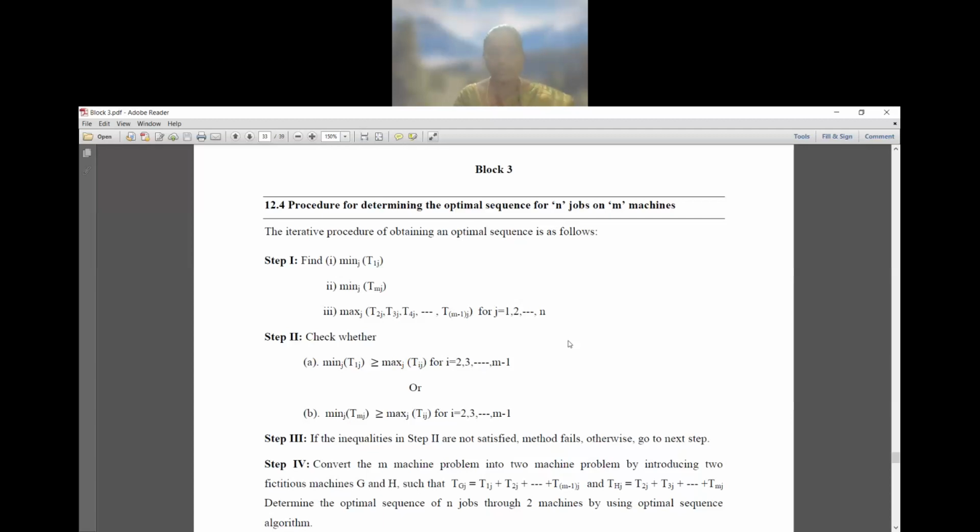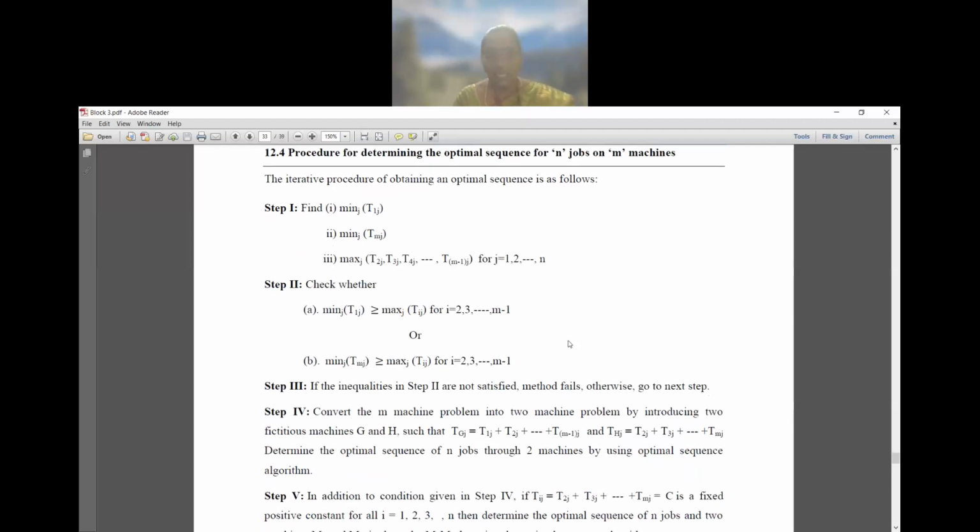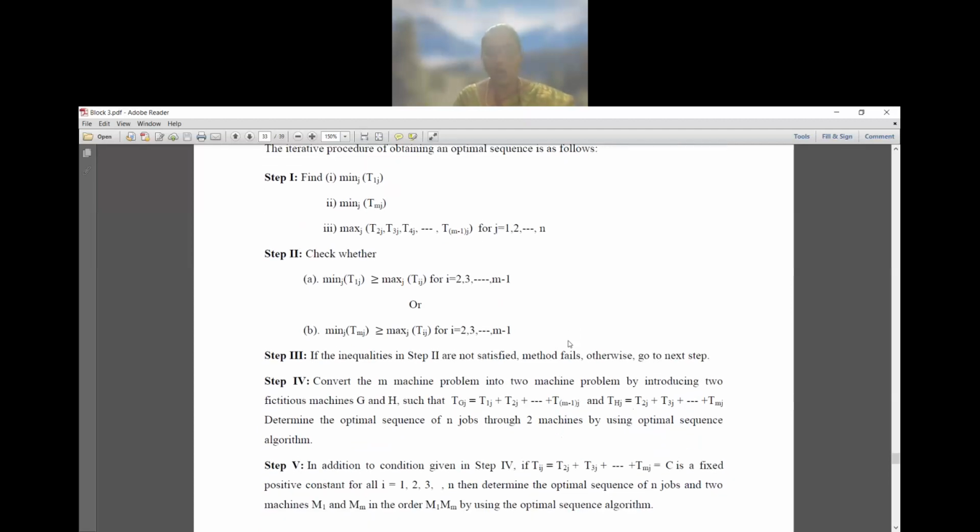Step 3. If the inequalities in step 2 are not satisfied, it means the method fails. Otherwise, we will jump on to the next step.